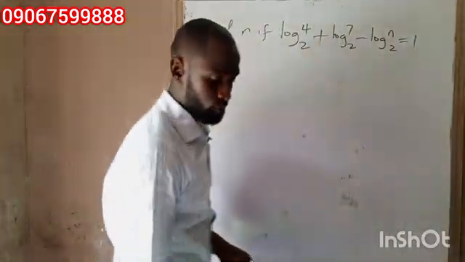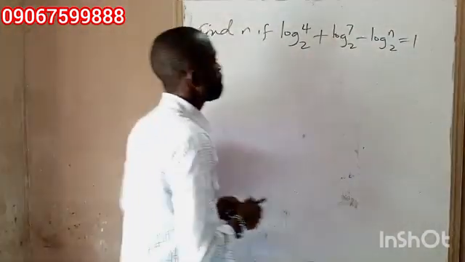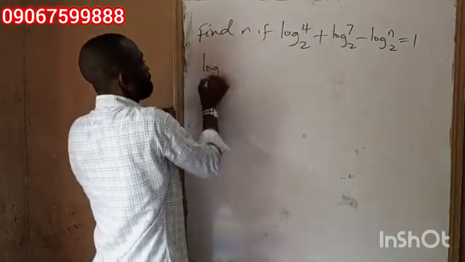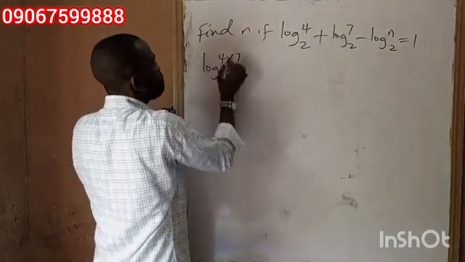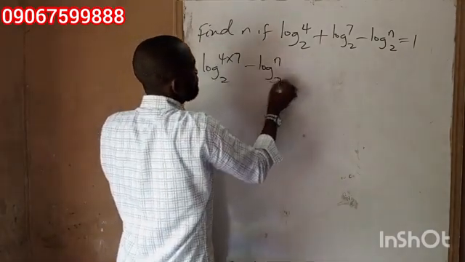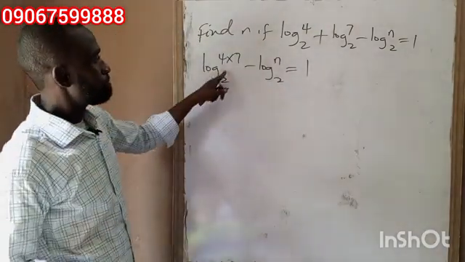We have to find n. So here, base 2, I can combine them. So I can have log of 4 times 7 base 2, then minus log of n base 2 is equal to 1.